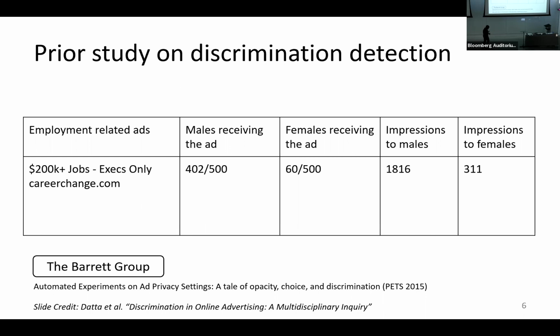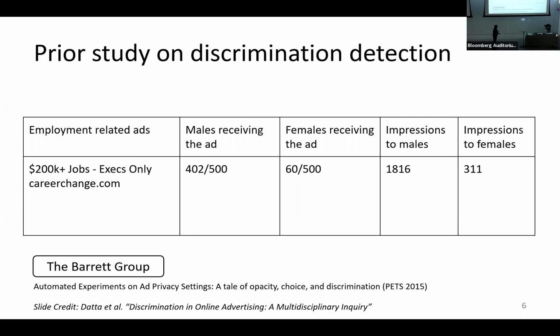It looked at advertising by a group called the Barrett Group, for an employment-related ad on Google AdWords, a high-end search for executive jobs with pay over 200K.